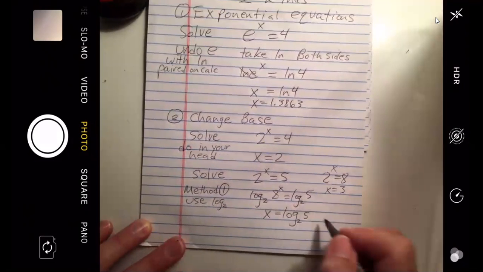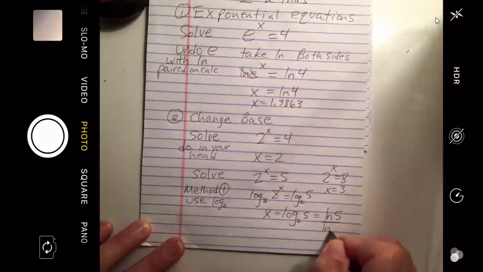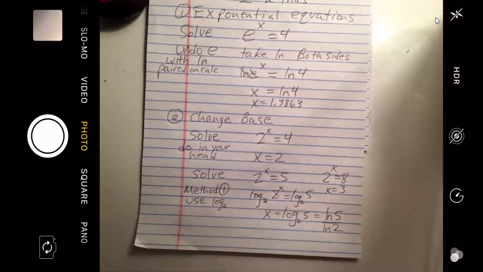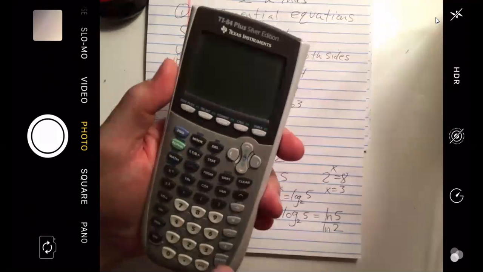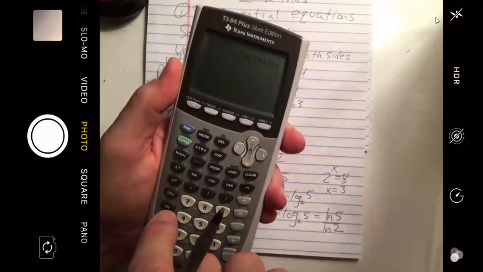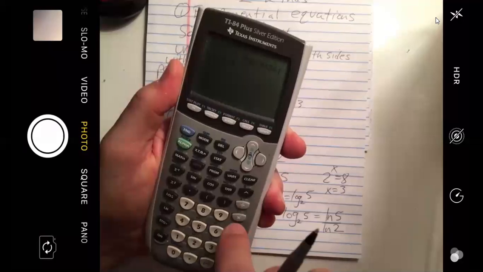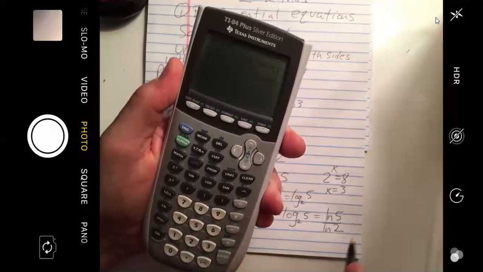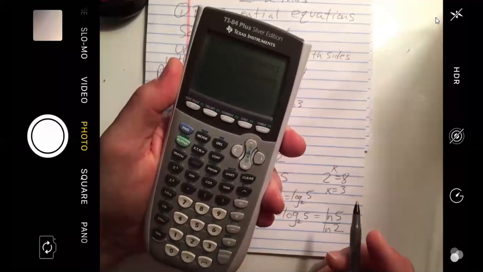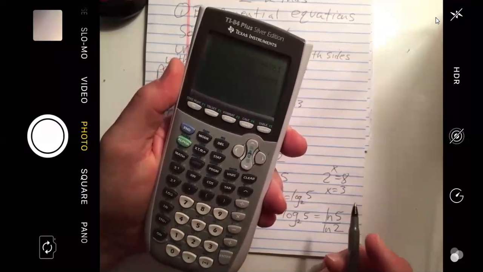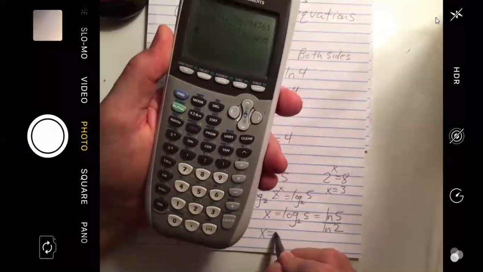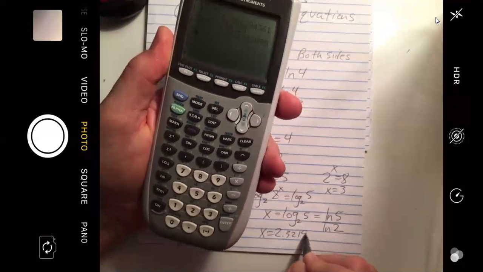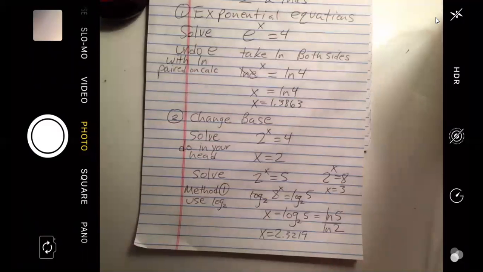The only way you can work that out is change of base. It'd be ln of 5 divided by ln of 2, which is 2.3219.